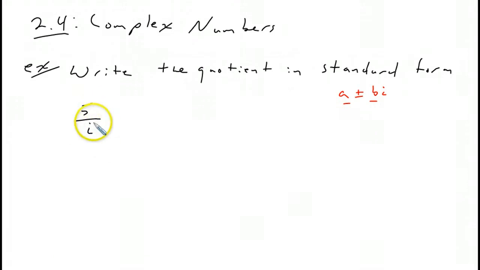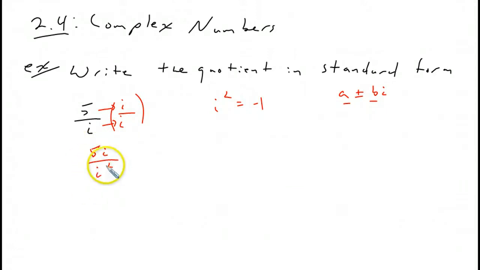With this one, I notice I have an i on bottom. Well, in order to get rid of that i on bottom, if I multiply by i, because I know that i squared is equal to negative 1, then I'll have a negative 1 on bottom. So what I do to the bottom, I must do to the top. So then multiply both of them by i. So 5i on top over i squared, which I know is negative 1.